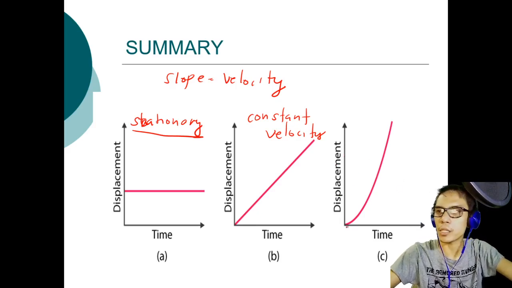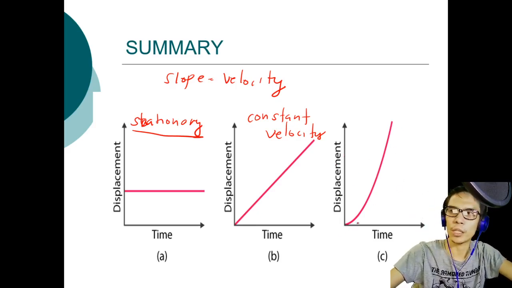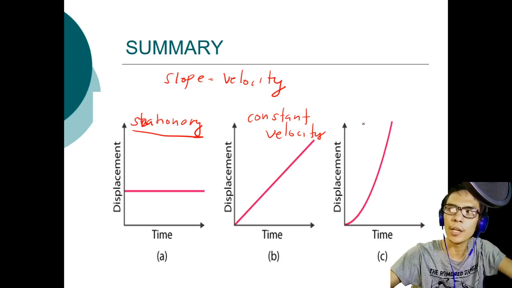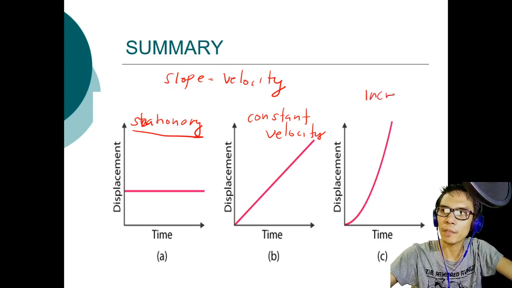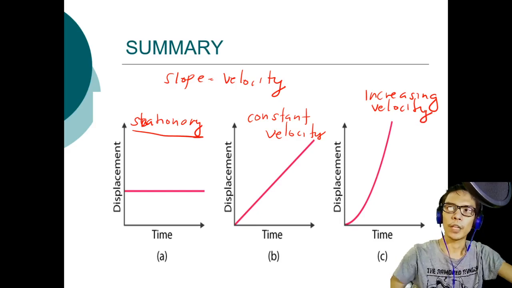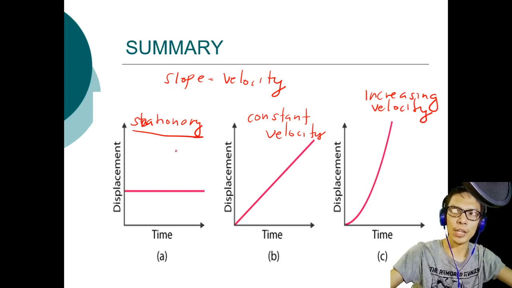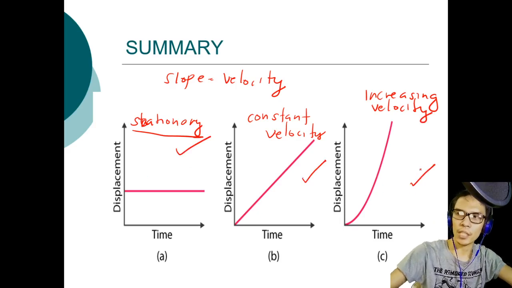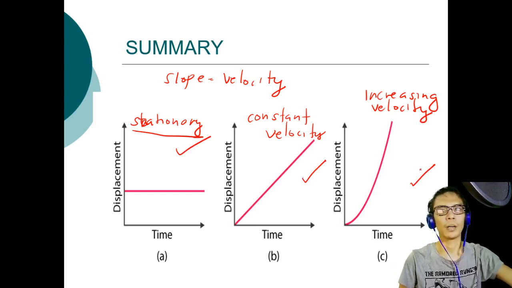What is the meaning of this graph? If it is a curved line, like the one that you have right here, this is increasing, meaning increasing velocity. So again, we have stationary, constant velocity, and increasing velocity.